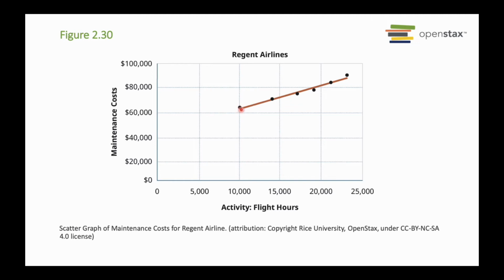So in this case, if we were to extend this line, it would probably give us an answer of maybe 45,000, just looking at it visually, just a rough estimate. So that would then be the total fixed cost, because on this axis quantity is 0, and the total cost when your quantity is 0 has to be the fixed cost.